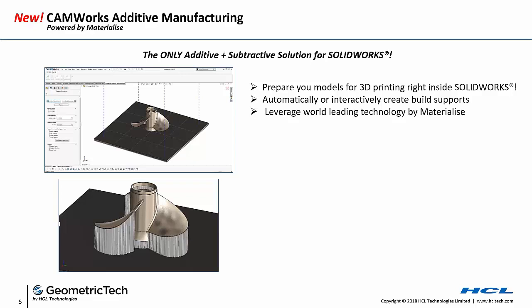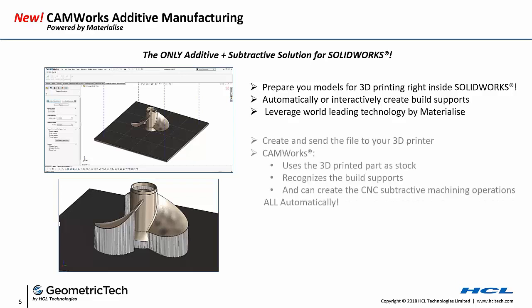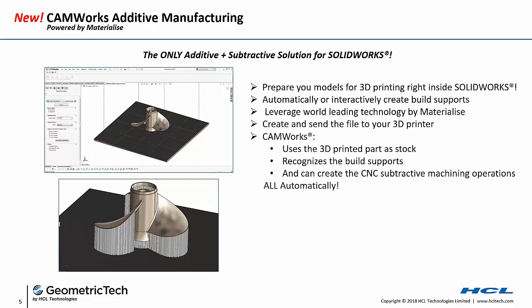Some of you might be familiar with a product called Magics, which is made by Materialise, which is one of the most popular and powerful 3D printing products that are available. Using this new technology, you can automatically and interactively create build supports, and again leverage that worldwide leading technology from Materialise. You can also create and send the file to your 3D printer, of course.